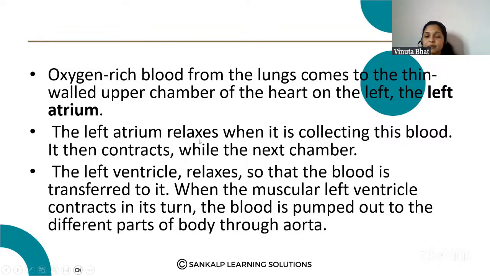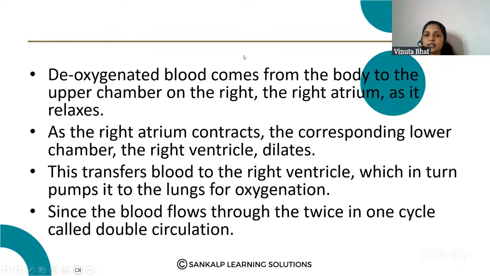The left atrium relaxes when it is collecting the blood, then it contracts to move the blood to the next chamber. The left ventricle relaxes so that the blood is transferred to it. Then when the ventricle contracts, the blood is pumped to the aorta, and the aorta pumps it to all the parts of the body. Then deoxygenated blood comes from all the parts of the body and is received by the upper chamber, that is the right atrium.